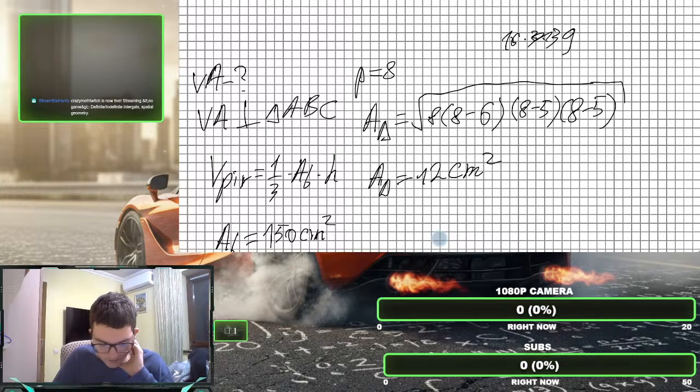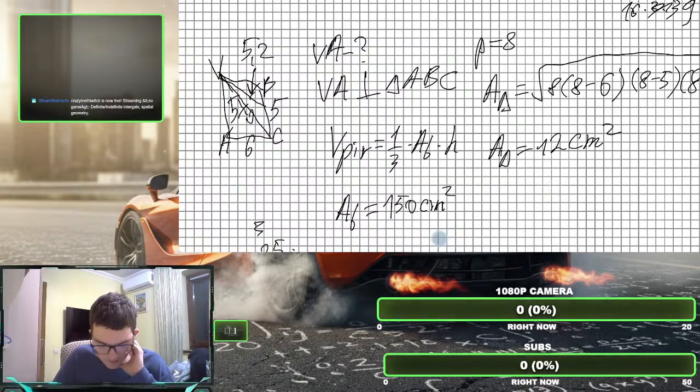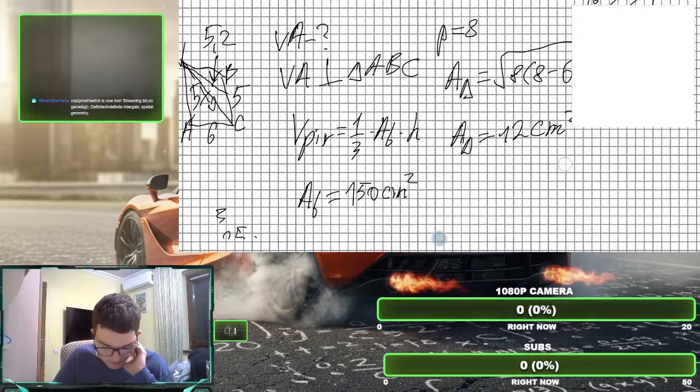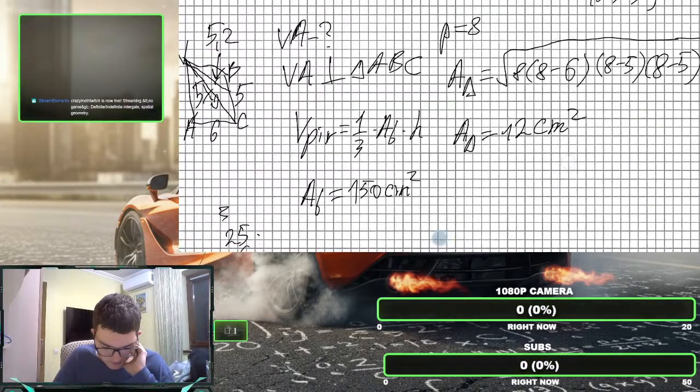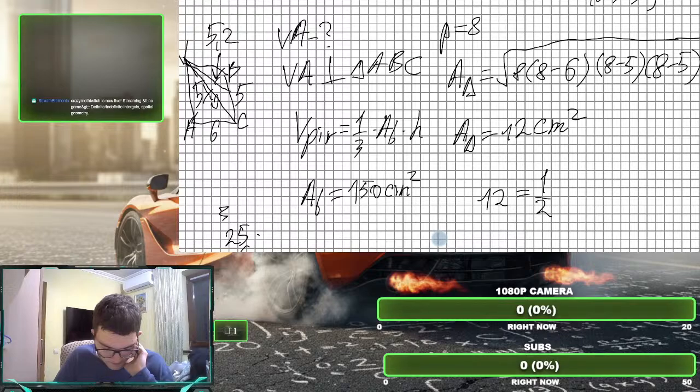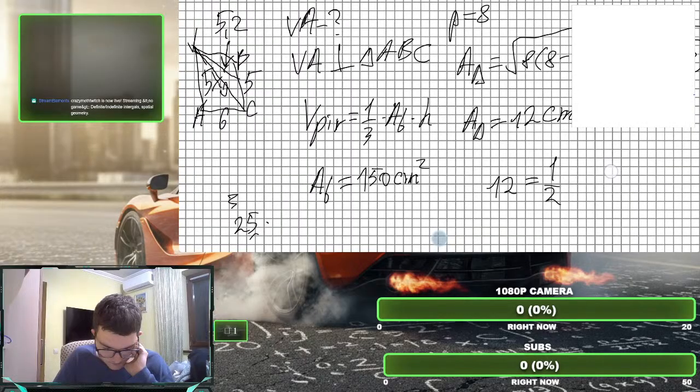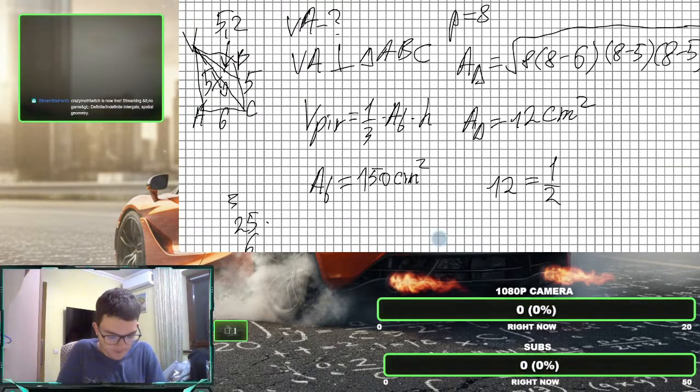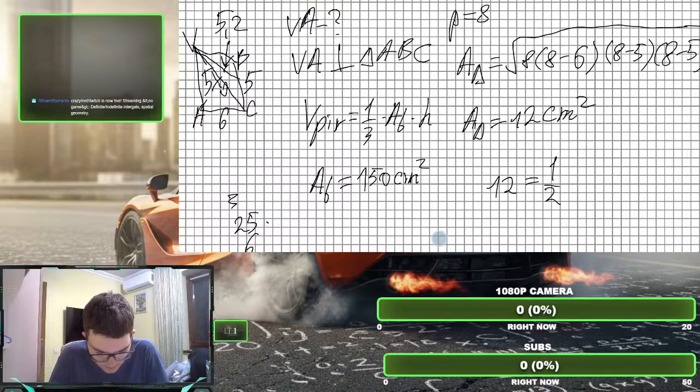And yeah, you got 12 centimeters squared. So now essentially you can use another formula, which says this area, which is 12, is equal to 1 divided by 2 times one of the lines.